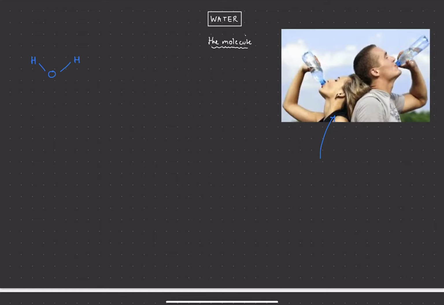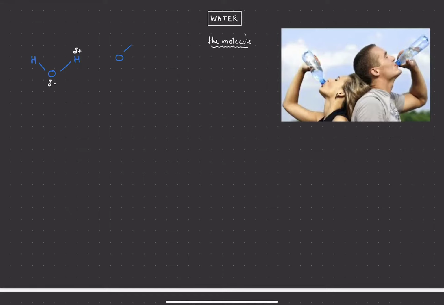So, first thing. The main property of water that we care about in biology, the main thing that influences its biological roles, is the fact that it can form hydrogen bonds. Now, as we talked about last week, this means we have a slightly negative oxygen over here, which we label delta negative, and a slightly positive hydrogen over here, which we label delta positive. That's because the negative electrons are sitting closer to the oxygen, and this can form a kind of bond, a very weak bond compared to covalent bonds, but a bond nonetheless, to adjacent water molecules that are doing the same thing.